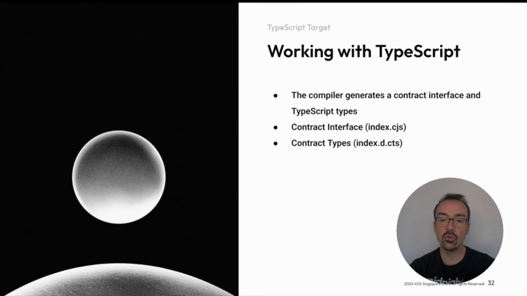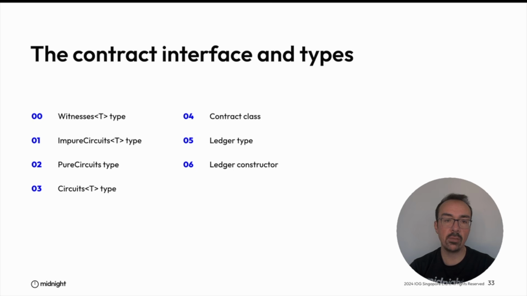The compiler is also going to generate some types, so a file called index.d.cts, where you have a lot of different types. So type for the ledger, for the witness, for different values and data that you're going to use in your application. So here are some examples of the types and the things that you are going to get in the contract interface and in the type file.